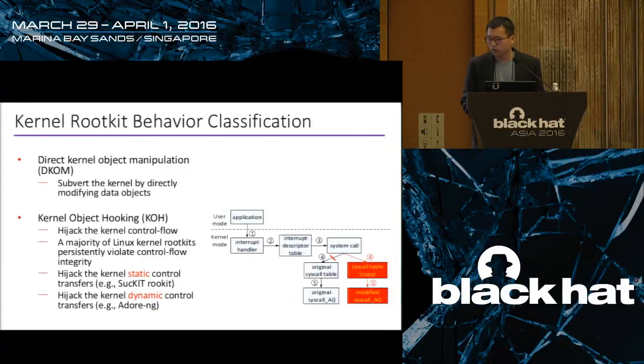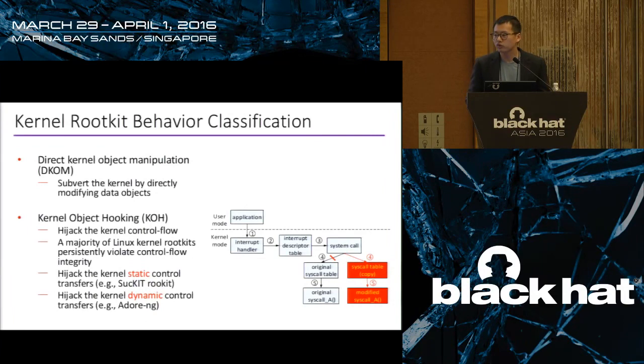The diagram shows one example of how a rootkit affects your system. For example, you have an application running in user mode, and it triggers a syscall using the int 0x80 instruction. The execution switches to the kernel, and the system looks up the interrupt descriptor table.